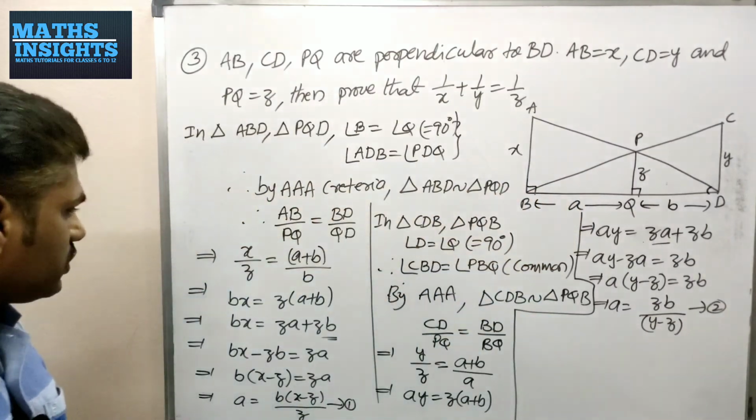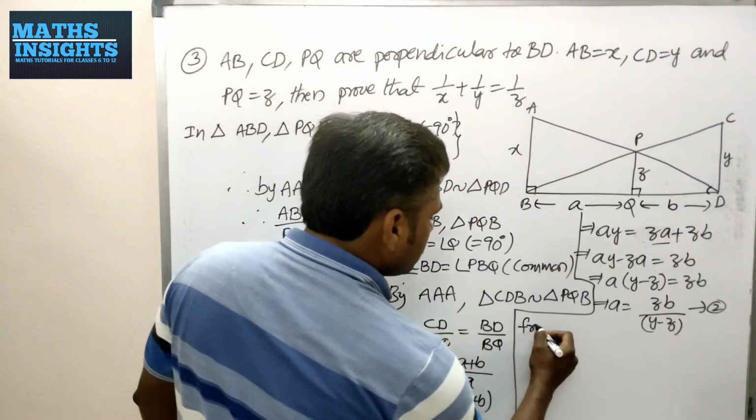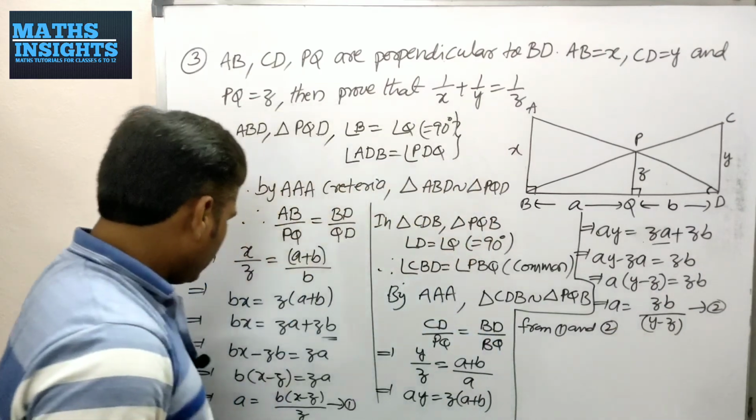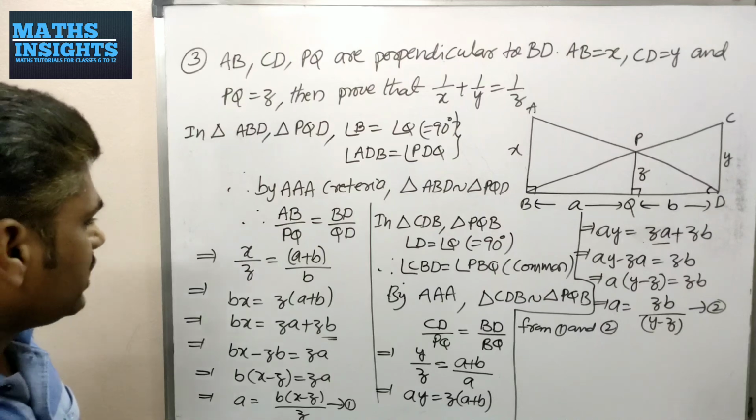In 1 and 2, you have A values. From 1 and 2, you have the same value on the left hand side, therefore the right hand side will also become equal.